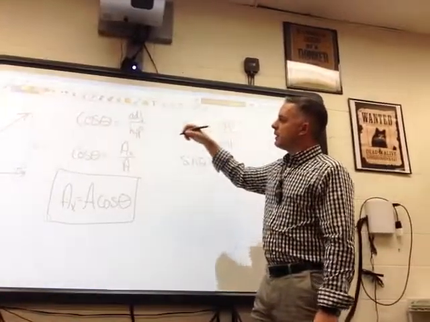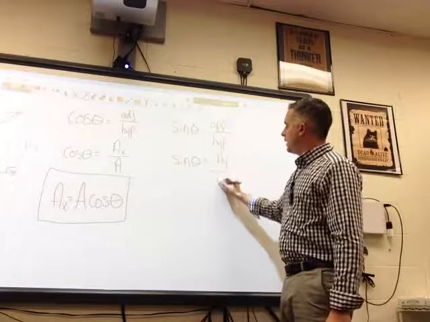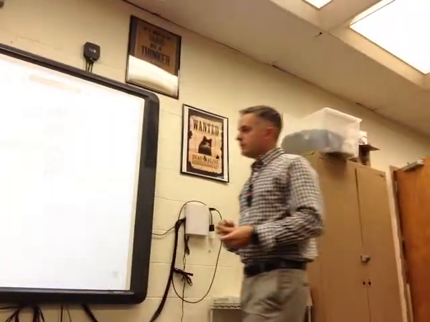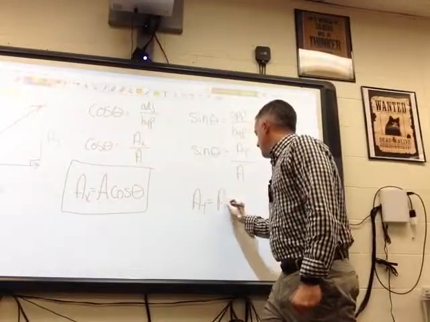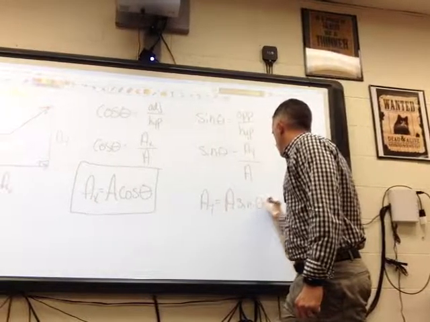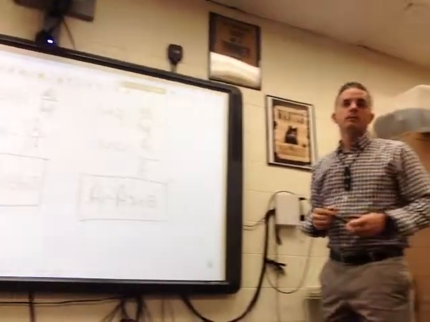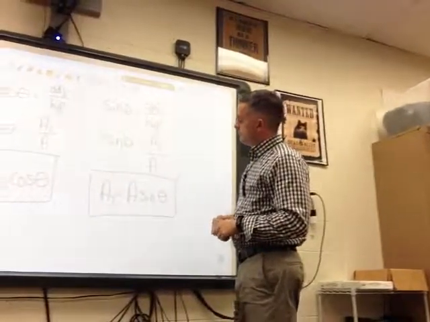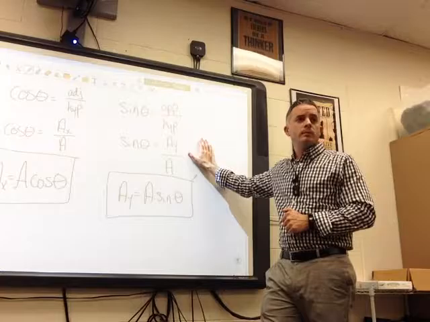All right, so the opposite side is A sub y, and the hypotenuse is still A. So on this side, we get that. What do you think? Not too bad?